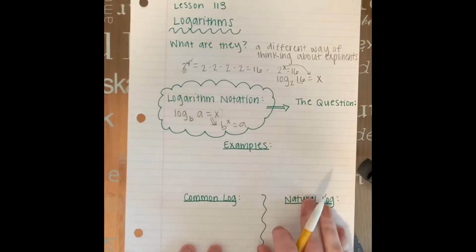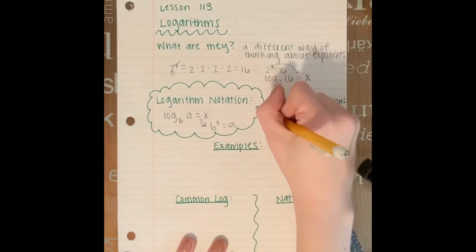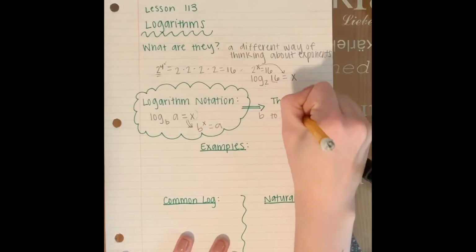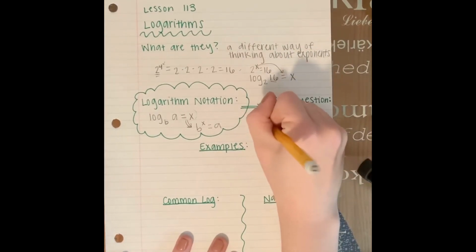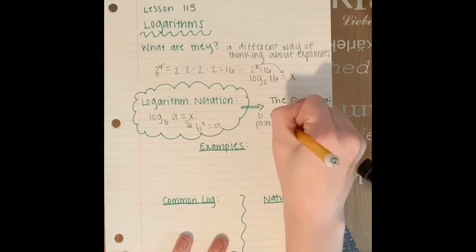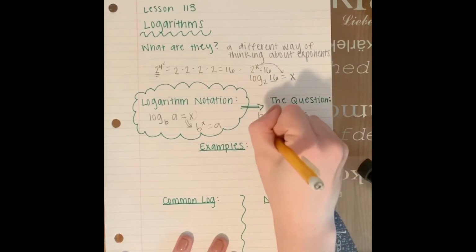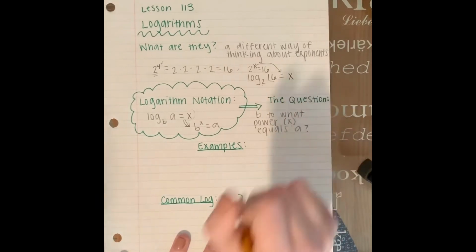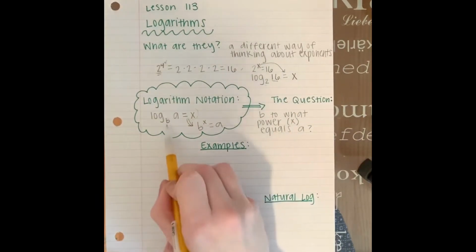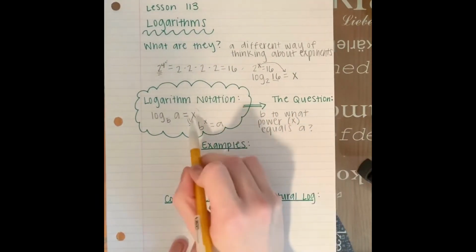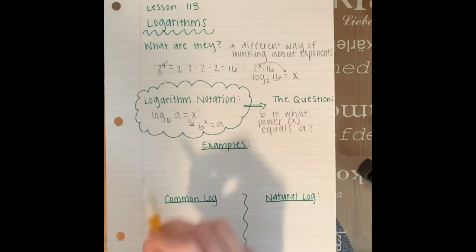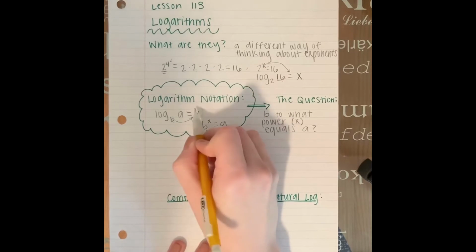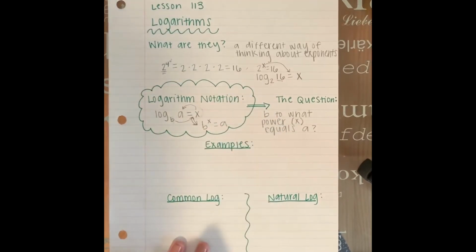Here's the question it's asking. B to what power x equals A. B base to what power equals A, and it moves in a circle. Base to what power equals A.